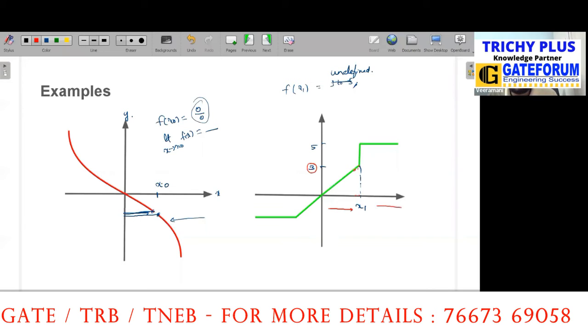Similarly, if you come from this side, for this point you will get here, for this point you will get here, for this point you will get somewhere around 5, correct? So f of x1 minus, just before x1, you will be getting a value of 3. F of x1 plus, just after x1, you will be getting a value of 5.